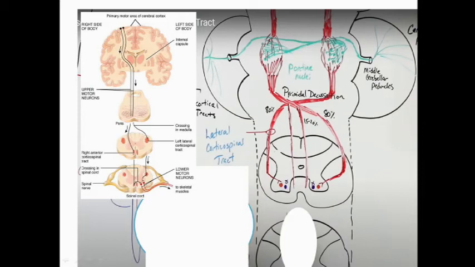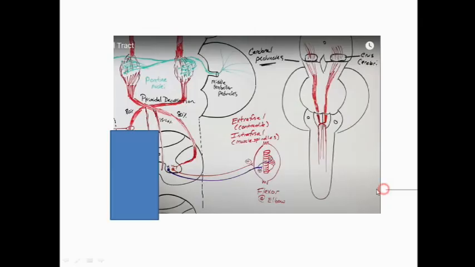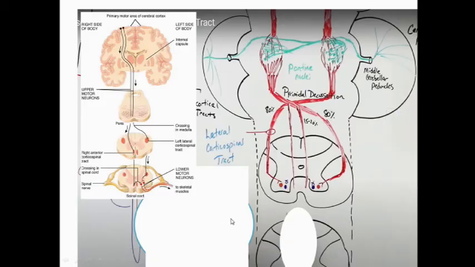Now you can compare the same with the left diagram, where the fibers arise from the motor cortex, enter at the medulla oblongata, the lateral corticospinal tract will cross to the opposite side, the anterior will remain on the same side, and enter into the spinal cord. Okay. Now in the spinal cord you can see they synapse.